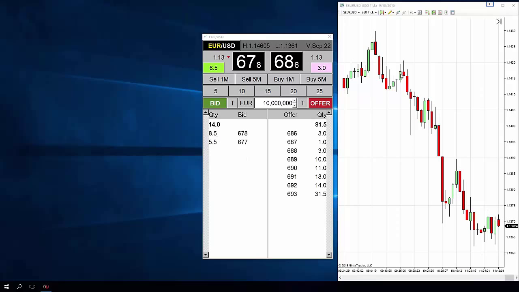So at the end of the day, they are forced to fill my order. If I want to buy, they go short. If I want to go short, they buy. They have no other choice, and they're going to be left with that bad position.